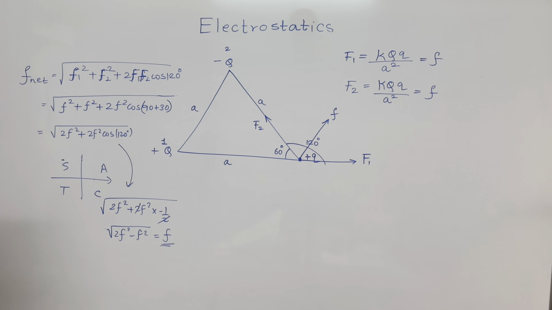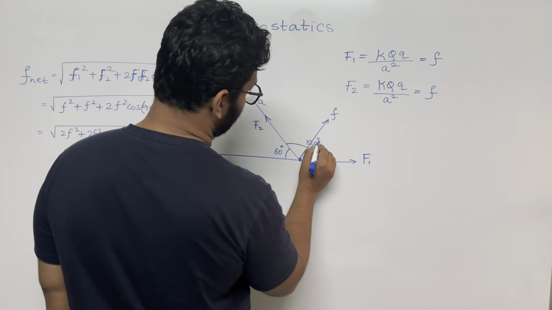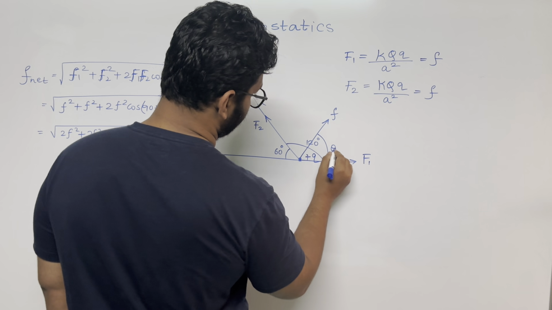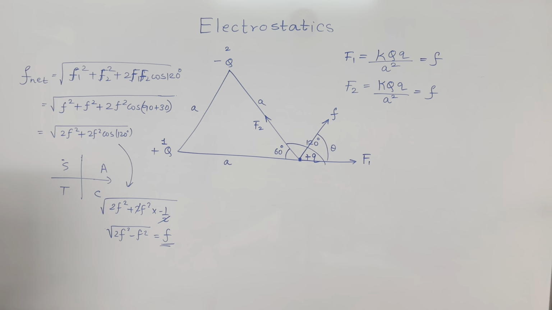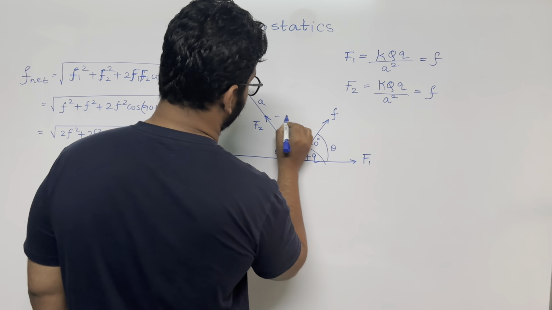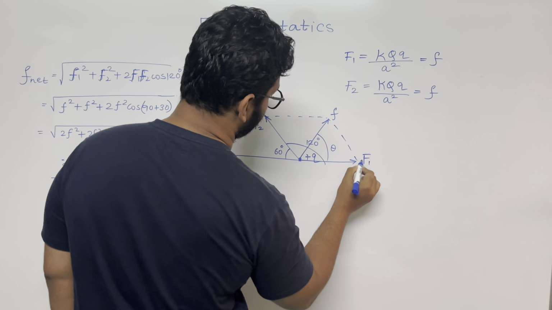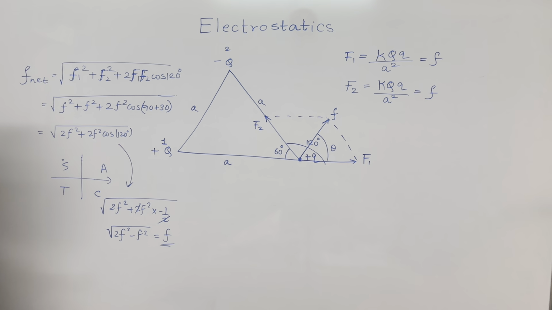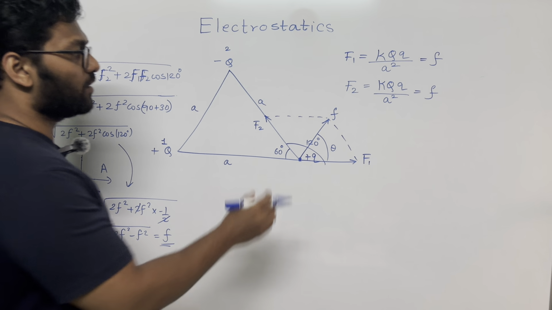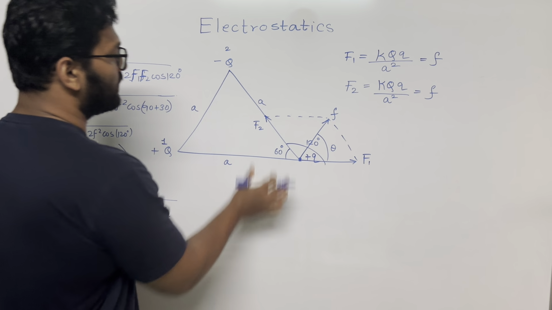Now note, how will you find the angle theta that this resultant force makes with this vector? One thing you can do: this will be like a parallelogram, but actually better than that, it is a rhombus. Why? Because these two sides are equal.